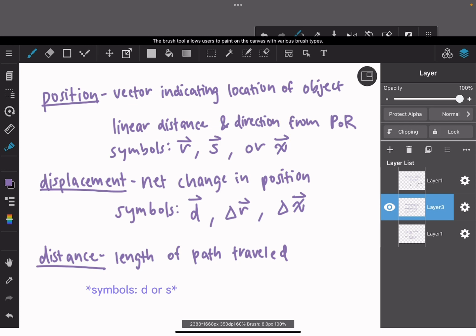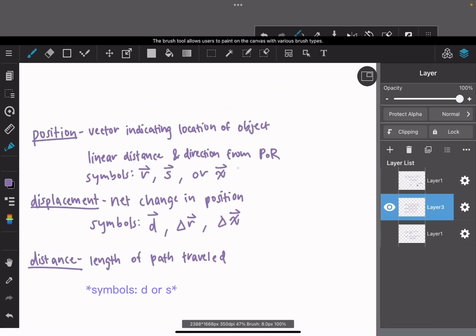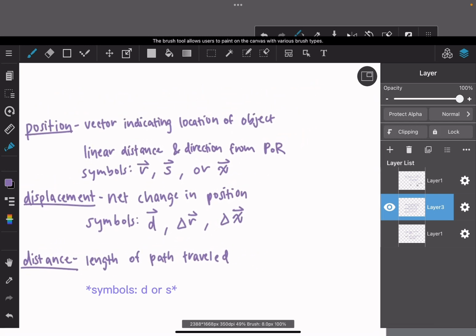All right, so I'm just going to go more into depth about each of the three vocabulary words. So let's say we have this ball right here, and it moves to this position right here. So let's just describe what we're seeing here. This would be the object's initial position, and this would be the object's final position.